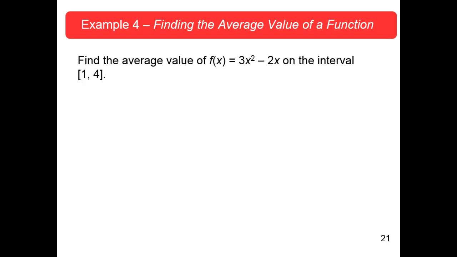So let's do one. Find the average value of f of x equals 3x squared minus 2x on the interval from 1 to 4. So what's that average value going to be? The book, I don't think, uses this notation.